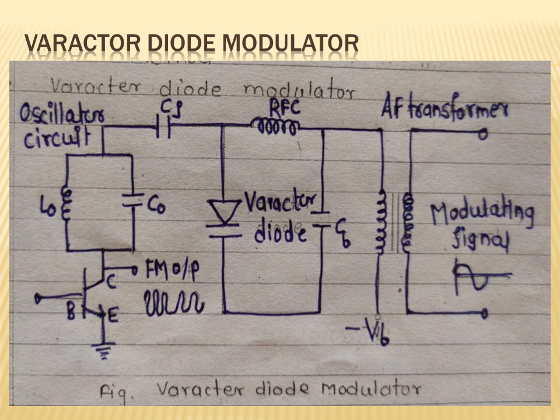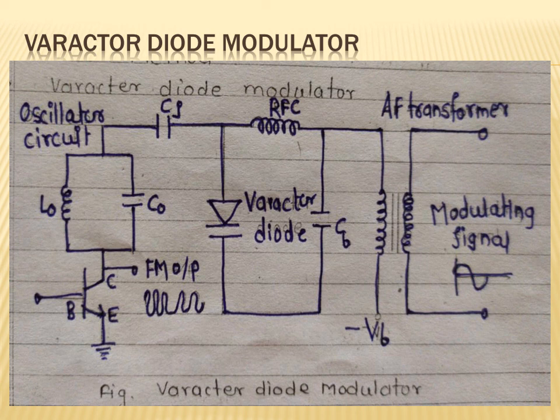The modulating signal is in series with this negative voltage. According to the modulating signal, the voltage across the varactor diode changes. Due to this, the junction capacitance, Cj, also changes.